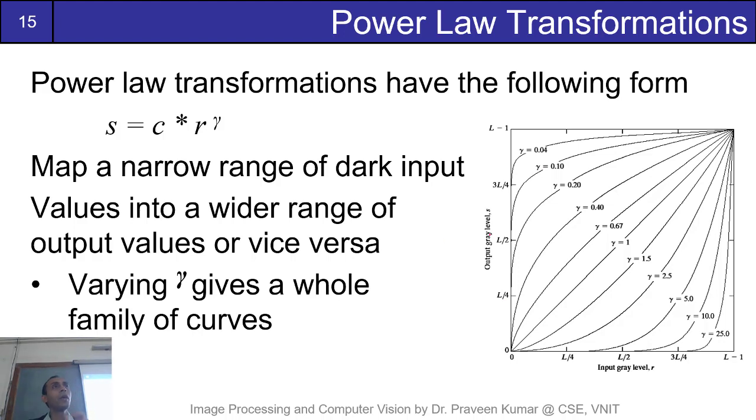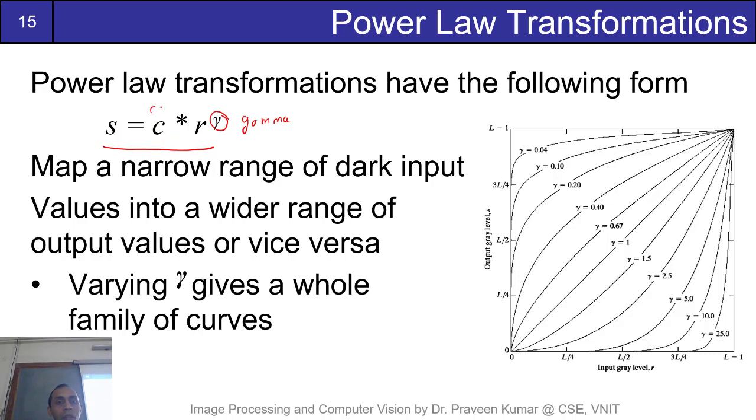Similarly, power functions will take a simple form like this. So take the input image and raise it to some power gamma. This is the gamma value, as we call it in popular use, and c can be some constant.